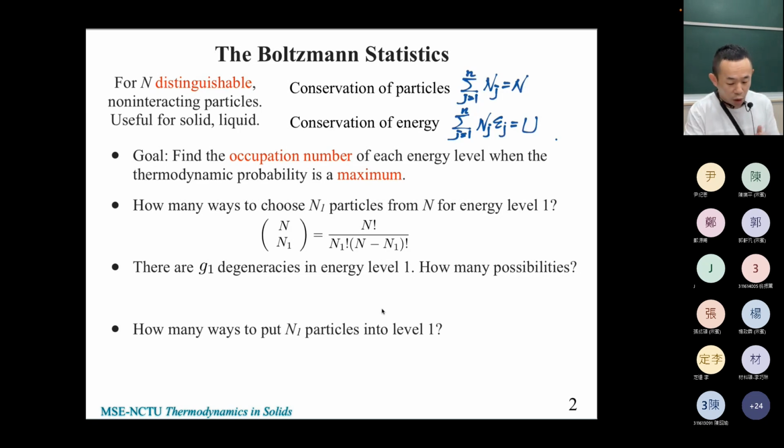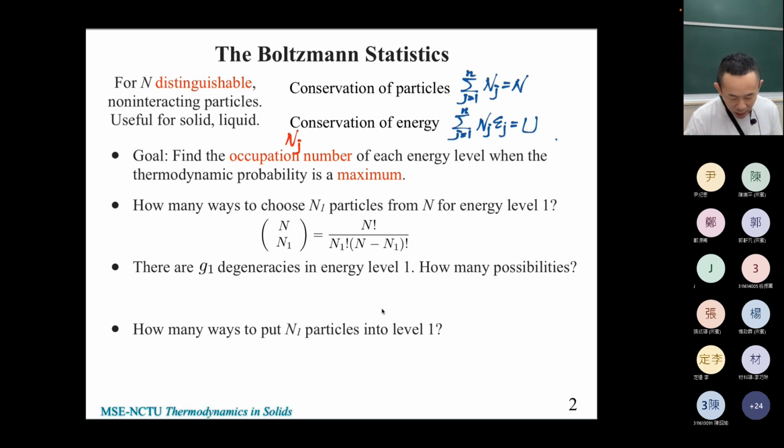Our goal, and this is really important, is to find the occupation number, N_j. What is N_j? The value of N_j for each energy level j when the thermodynamic probability is a maximum.